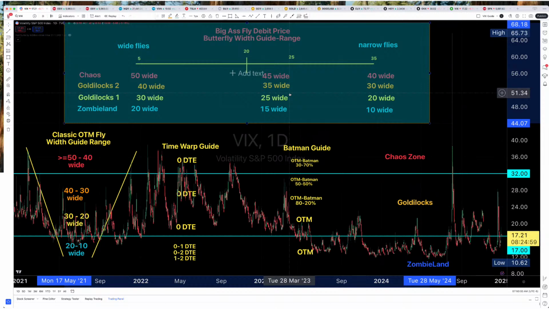And secondly, if it is below a debit of 25, then it starts becoming an attractive trade. The reason for that is that now we have enough profit potential for that day and low enough gamma risk that it makes it a good risk.